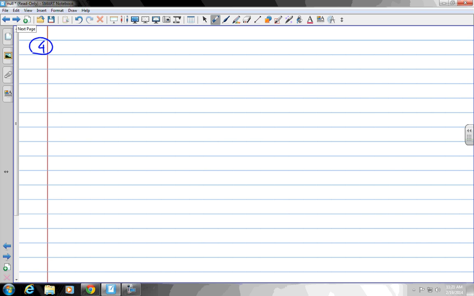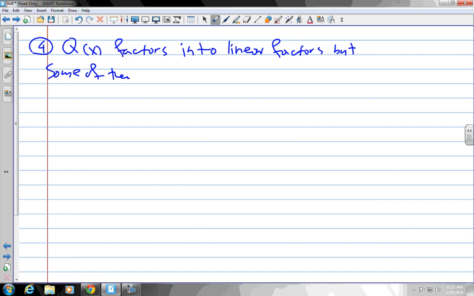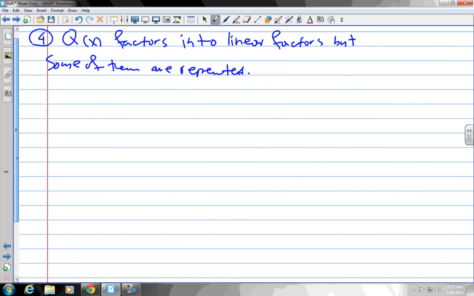So another thing that can happen is q of x, the denominator, factors into linear factors, but some of them are repeated. So for example, one of the factors is like x plus 1 cubed. Okay, so it's repeated there 3 times.